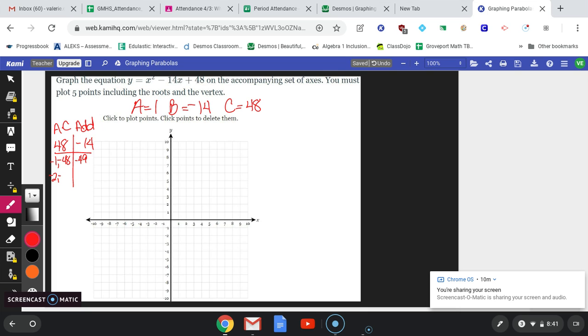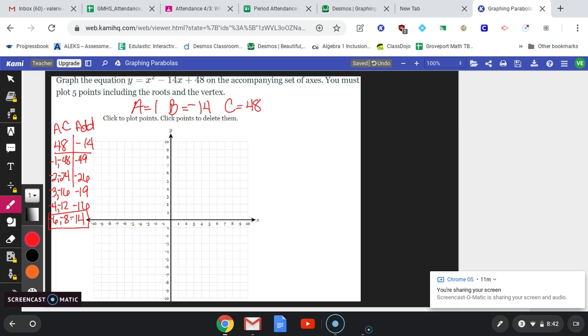Negative 2, negative 24 is negative 26. Negative 3 and negative 16 is negative 19. And then negative 4 and negative 12 is negative 16. We're getting closer. No 5. How about negative 6, negative 8 is negative 14.